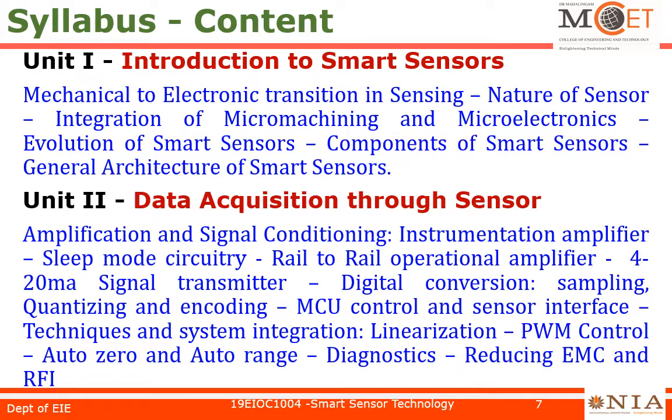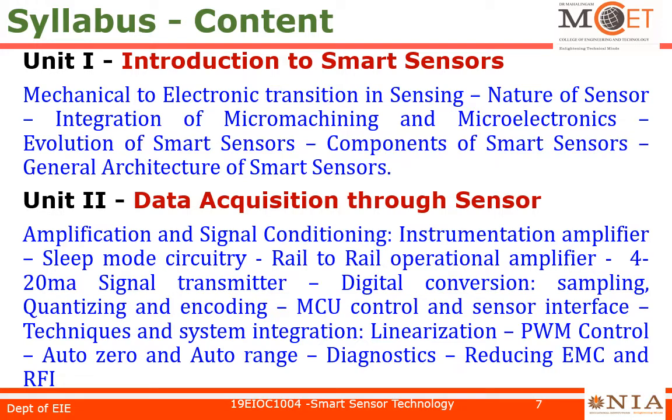In this subject, the course contents are: the first unit is introduction to smart sensors. Here, how the sensor will become a smart sensor, and what hardware is required to get it as a smart sensor. And particularly we are going to learn about the IEEE 1451 standards.